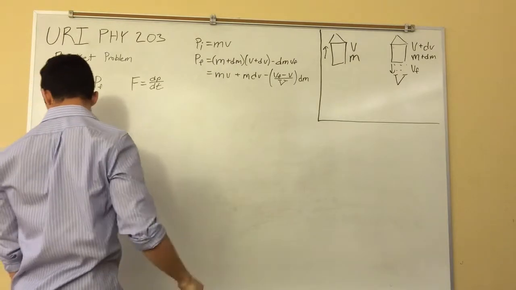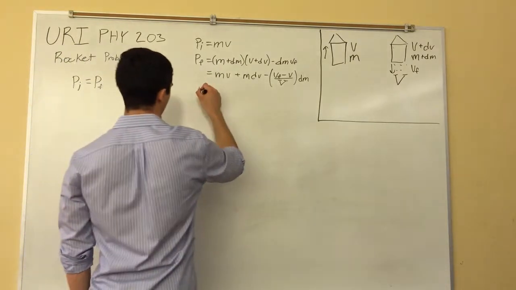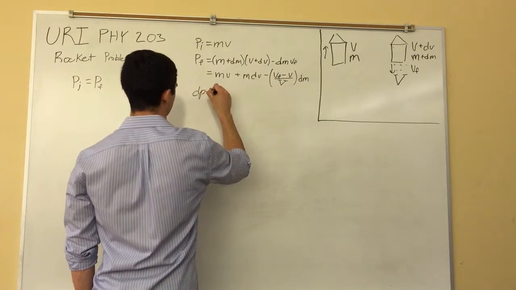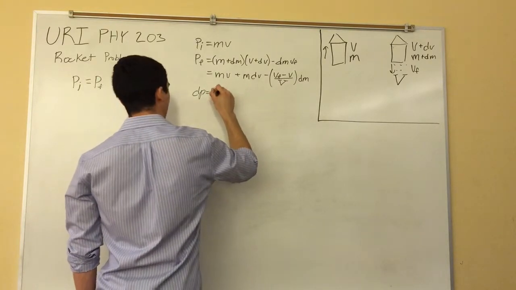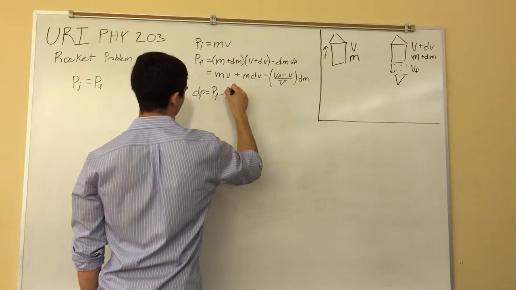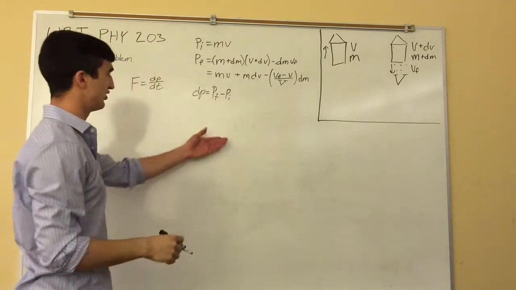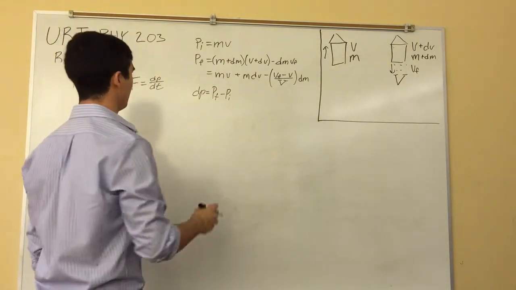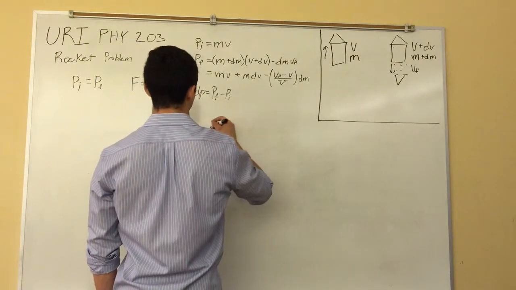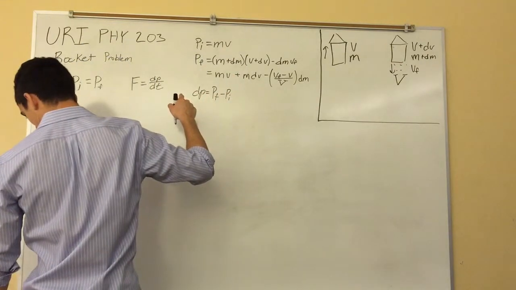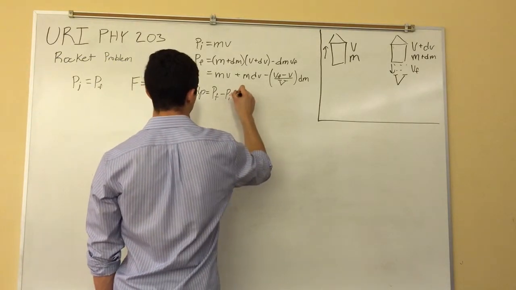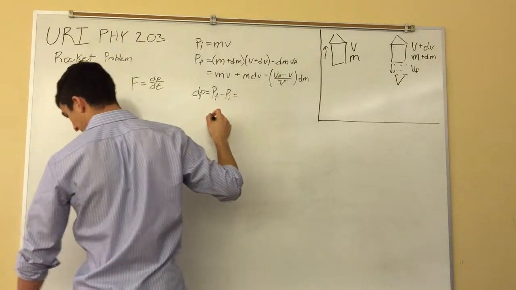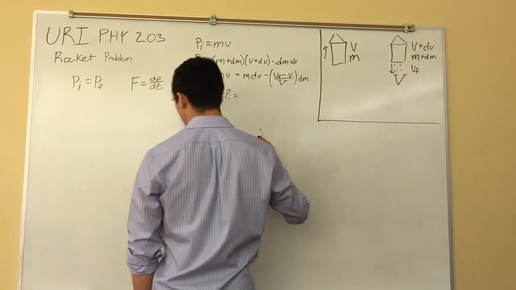So what we can do is we can simply say that dp is equal to pf minus pi. Right. So let's do the math. I'm not going to explain it, but you do some simple subtraction, and you get that dP is also equal to m dv minus velocity of the exhaust dm.